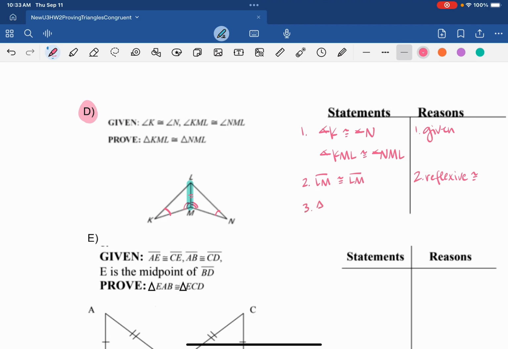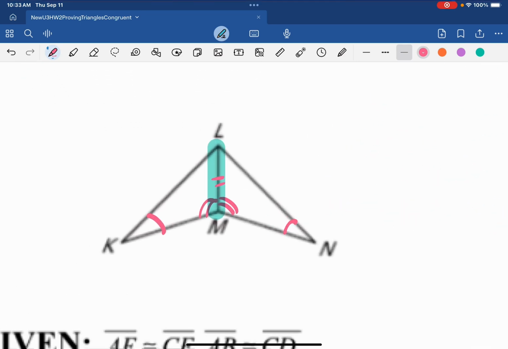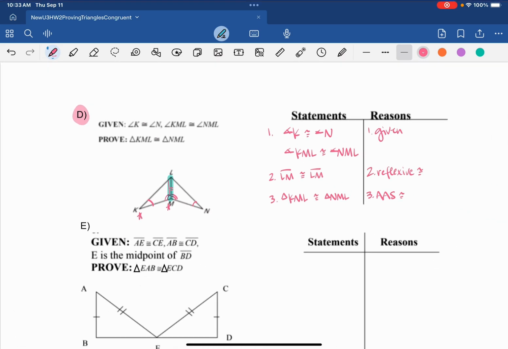So when we name our triangles, we have triangle KML is congruent to triangle NML, and that will be our angle angle side congruence. Remember that whenever we are marking them, I've got two angles here, and because the side is out by itself, that's what makes it angle angle side.